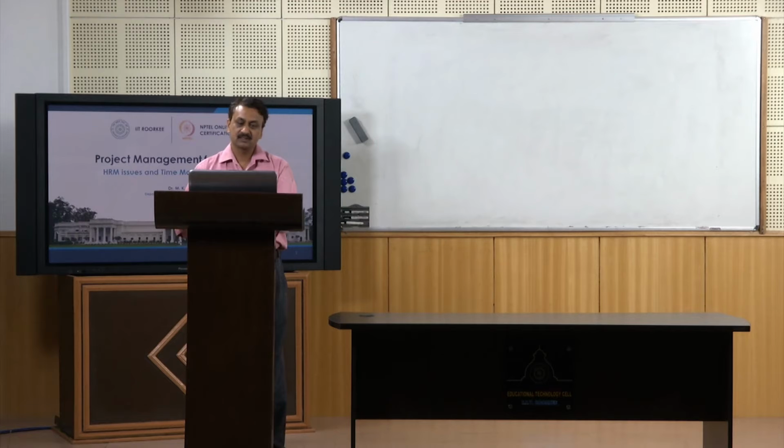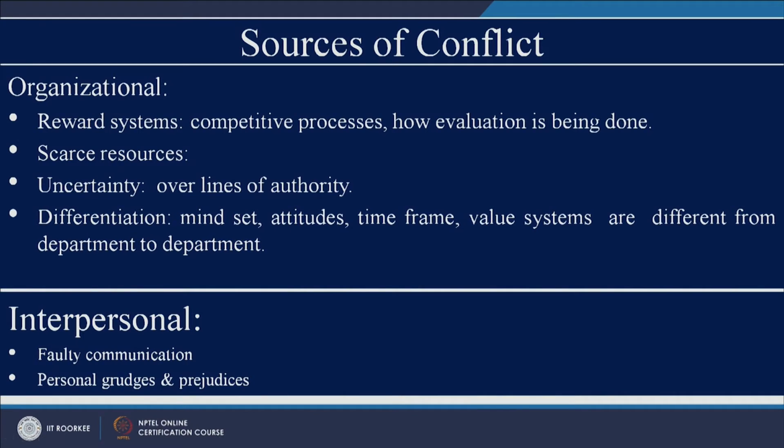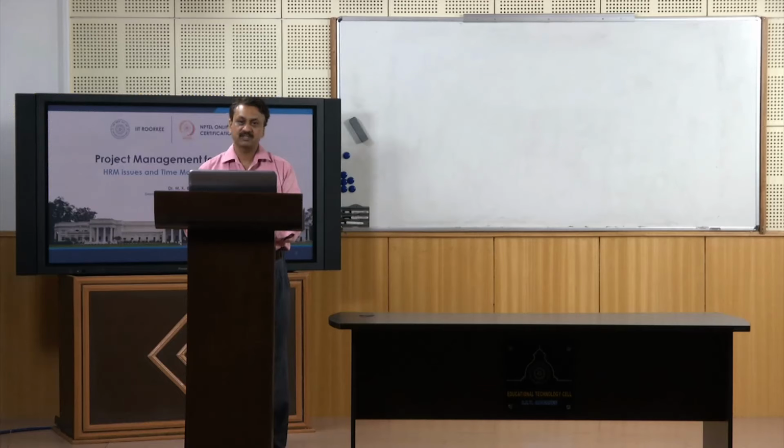Scarce resources: most of the time the conflicts would be because of scarce resources, because you have multiple tasks to be done in a project, and at organization level you have multiple projects, and each project manager would like to have resources in time, and when he does not get resources in time, it would lead to a conflicting situation.